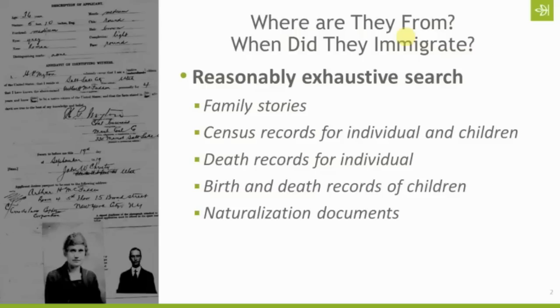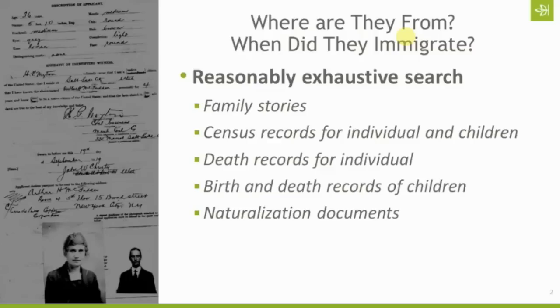Sometimes, actually all the time up until about 1922, children and wives were naturalized under the father or the head of household. And so the wife's place of birth might be listed on her husband's naturalization paperwork. Same with those underage children who might have been born before the family moved to the United States.